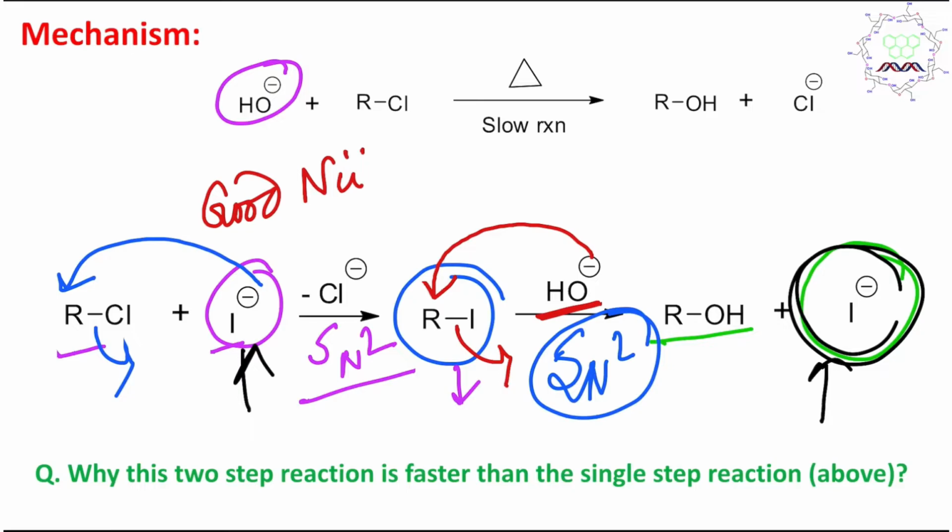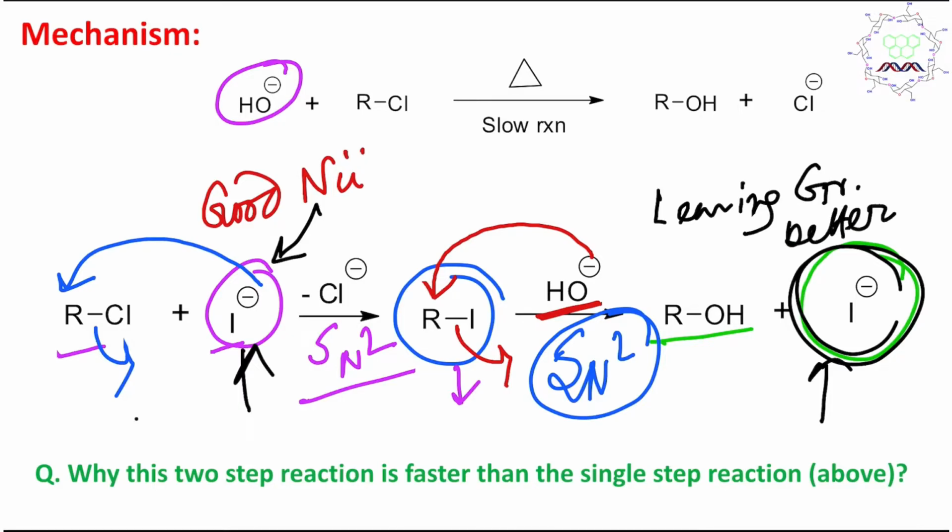Now in the first reaction, the nucleophile was better, iodide, and in the second step, the leaving group was better, because we know that iodide is both a good nucleophile as well as a good leaving group.